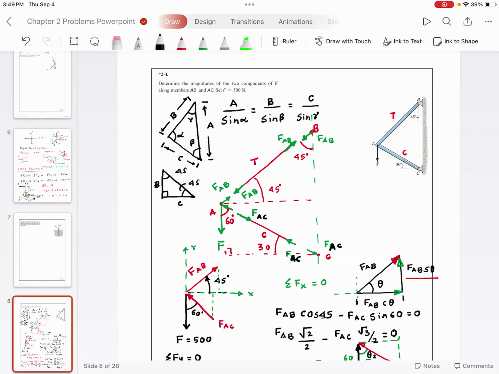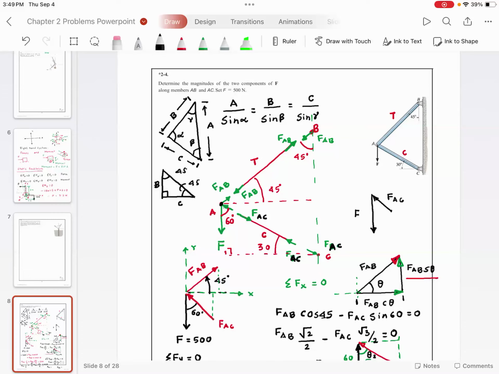How do you construct the force triangle? I want you to focus on joint A. You have this force F. Then you have this force, which is FAC.